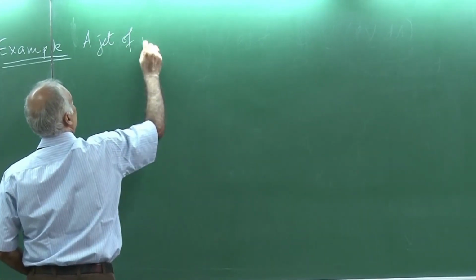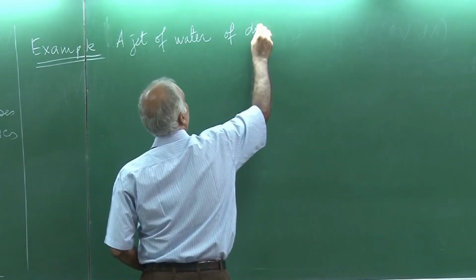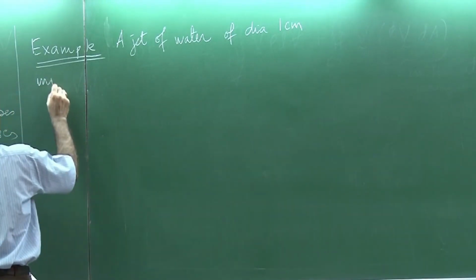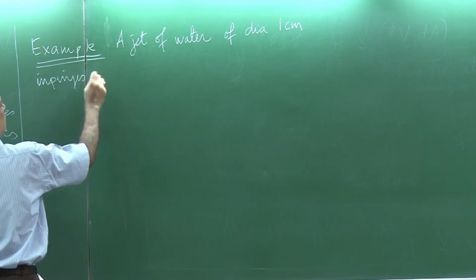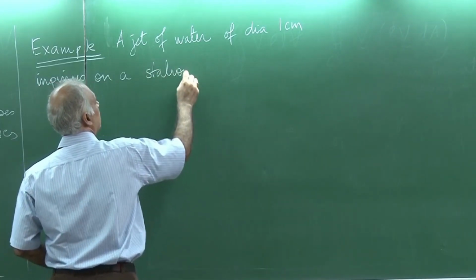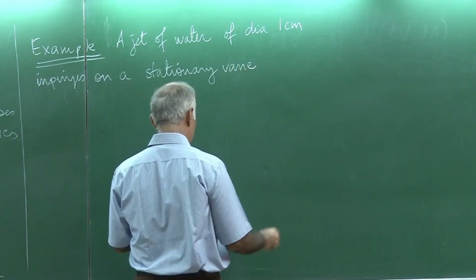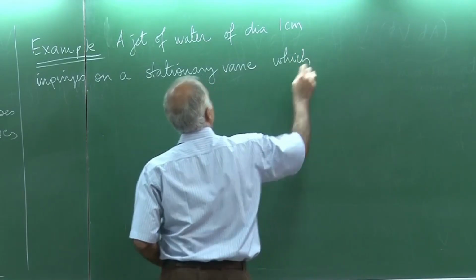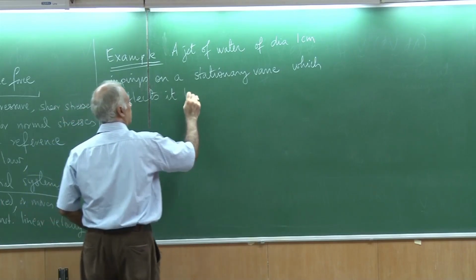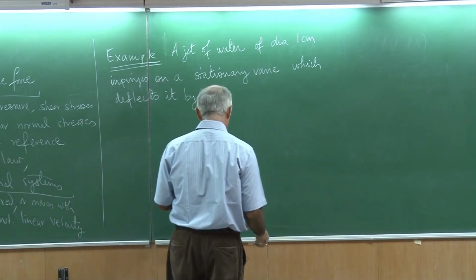A jet of water of diameter 1 centimeter impinges on a vane. In fact, this is a stationary vane, which deflects it by 60 degrees. And I will show this in a figure.